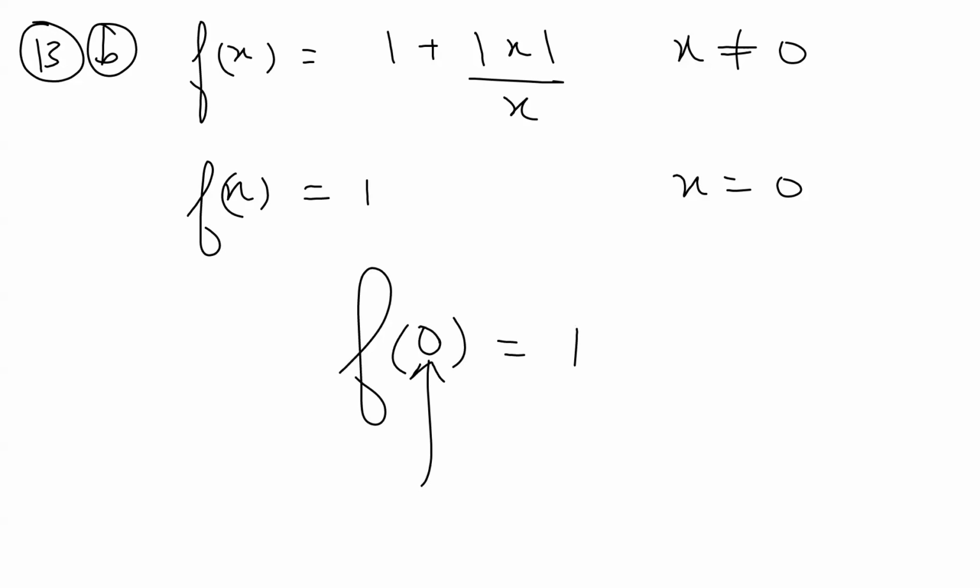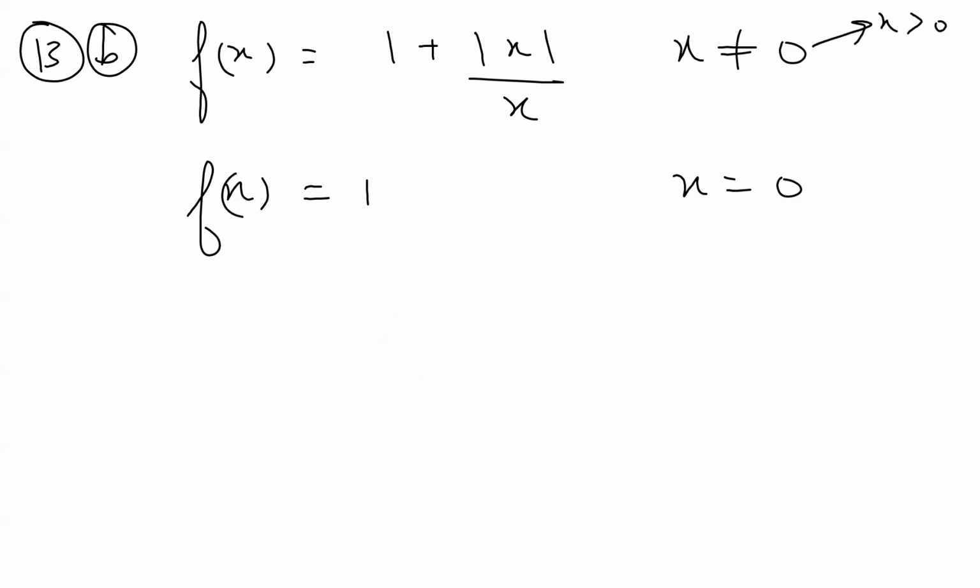So this is the value of x, this 0 is x. When x is 0, the function is 1. So this again is x greater than 0, x lesser than 0.